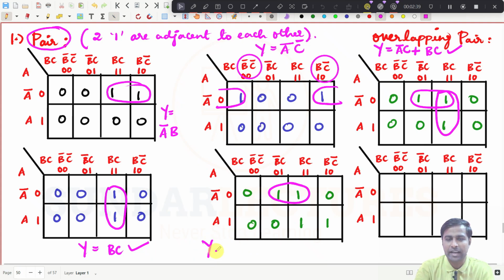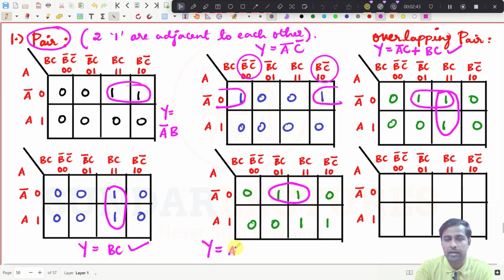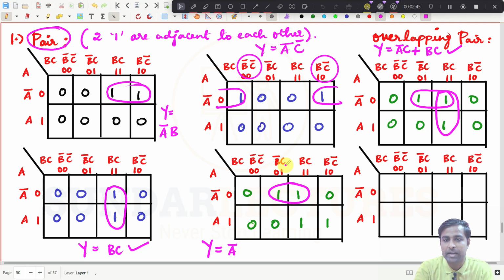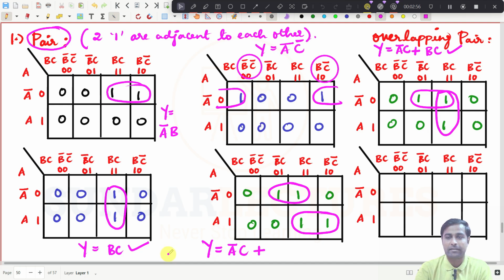So I can write straight away y is equal to, this value is A bar, this value is A bar, and if I compare these two, I am getting C. That is the first one. Plus, put plus because other ones are there. And if I take these two as a pair, then A is the straight answer. And if I compare these two cells, B is the common term, so I can put B.